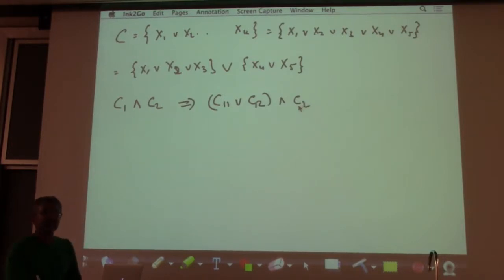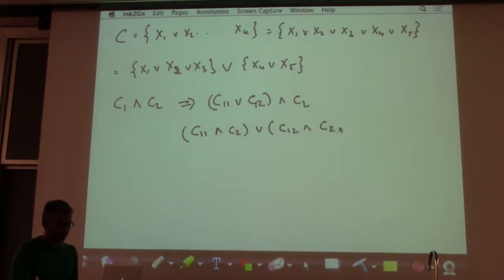So now we can rewrite this as C11 and C2, or C12 and C2. And I can keep doing this. Eventually I'll get everything inside.